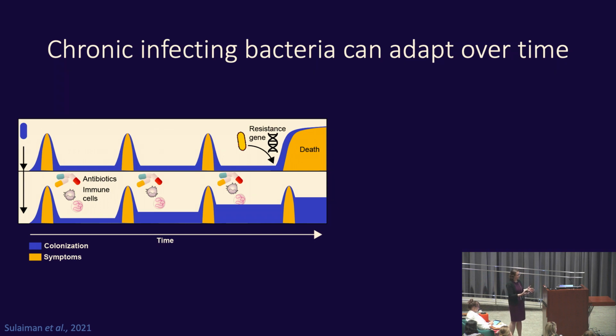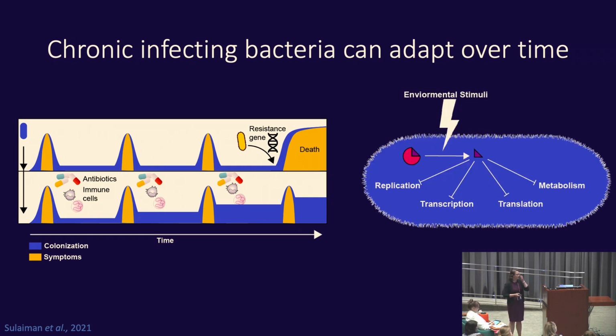So this phenomenon where these bacteria are not necessarily resistant, but surviving, is known as bacterial tolerance or persistence. And so for my PhD, I was looking at these systems called toxin-antitoxin systems, which sense the environment, and when they sense the stress they respond to, they alter the bacteria's physiology. They reduce replication or transcription, and as a result, that makes the bacteria much more difficult to kill.